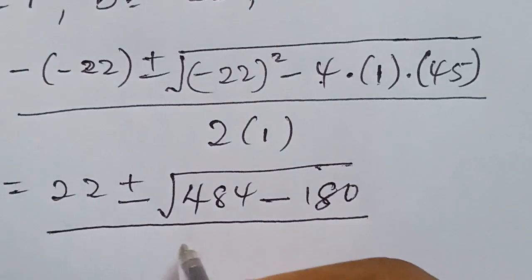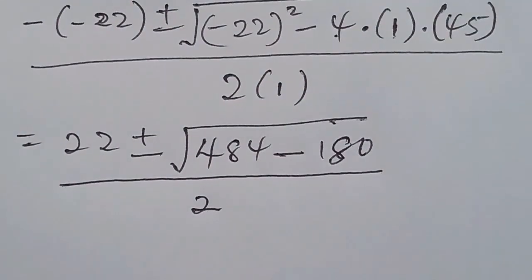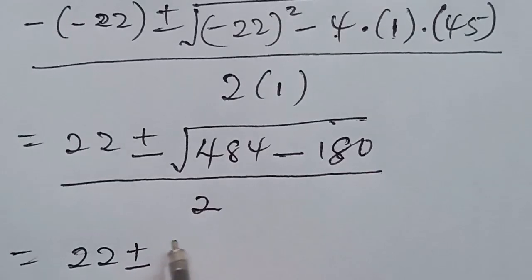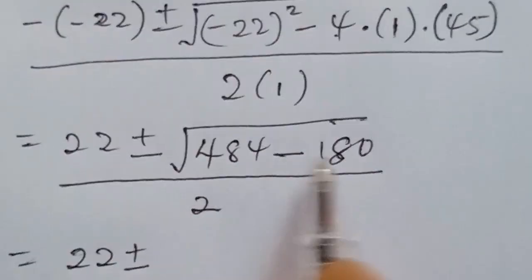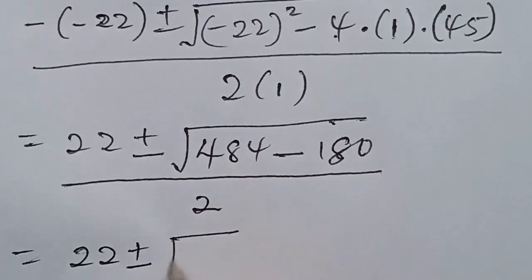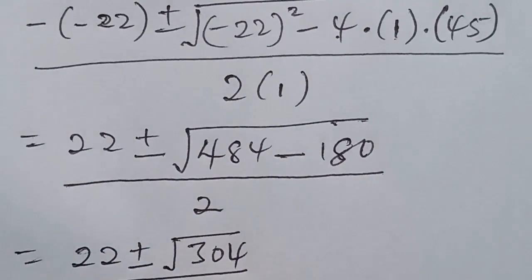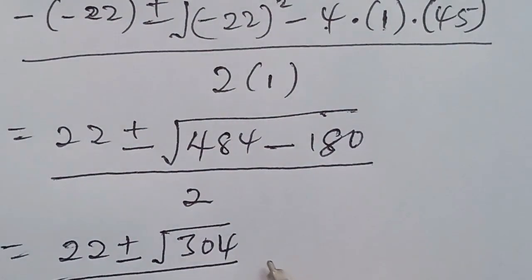Everything over 2. So we now have the next step to be equal to 22 plus or minus, the simplification of this gives us square root of 304 over 2.